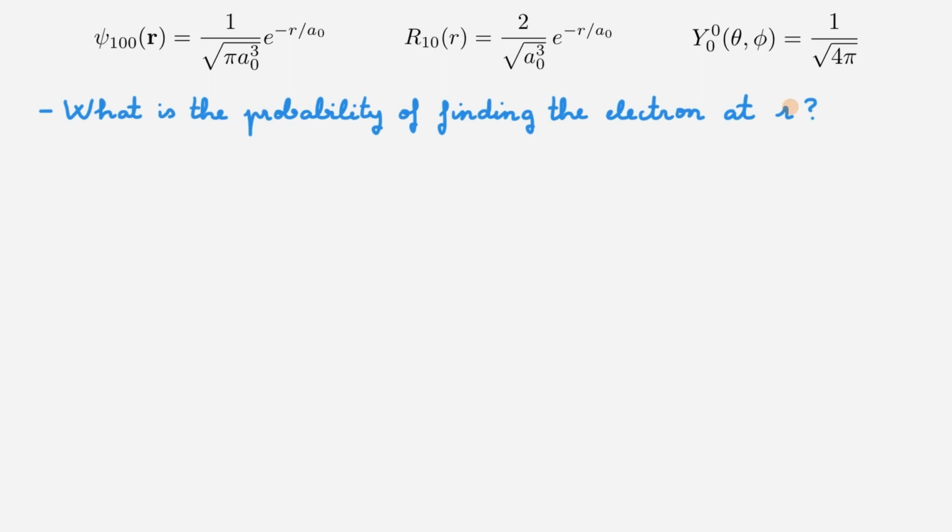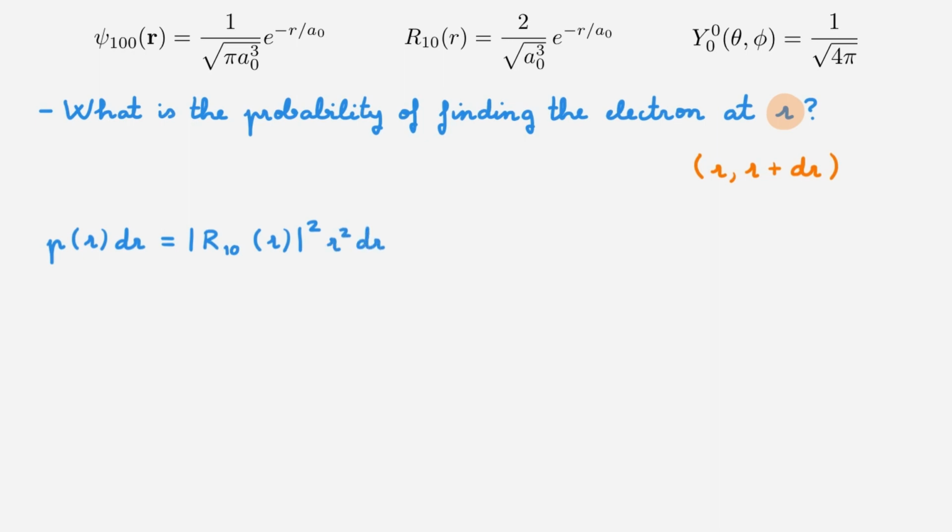As the scalar distance r is a continuous variable, what we should really ask is, what is the probability of finding the electron at a distance in the interval r and r plus dr from the nucleus? We're going to call this probability lowercase p of r times dr. And it is equal to the absolute value squared of the radial function times the infinitesimal radial element.